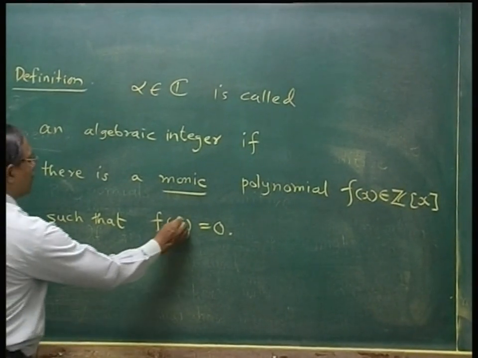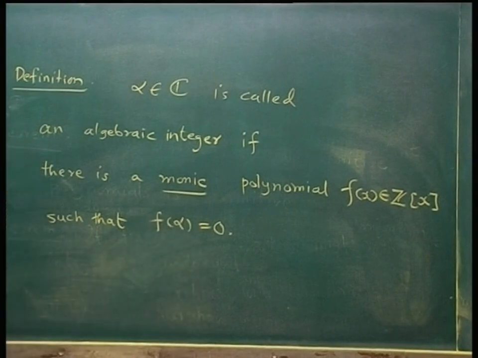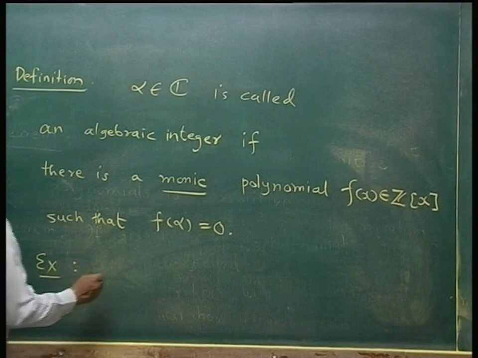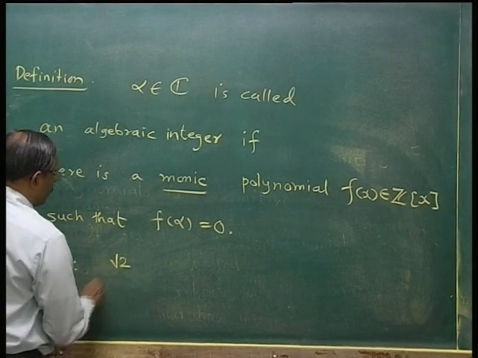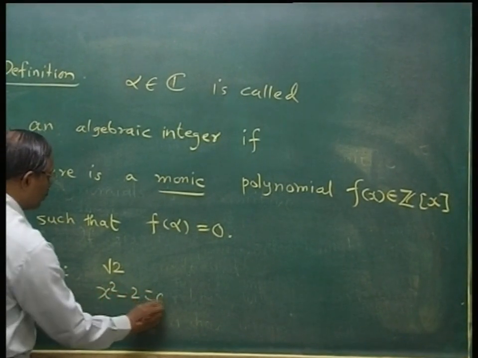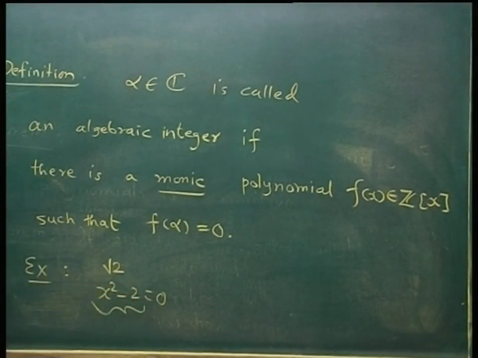So alpha is a root of a monic polynomial with integer coefficients. So for example, if you take root 2, it satisfies x squared minus 2 equal to 0 and this is a monic polynomial and so root 2 is an algebraic integer.